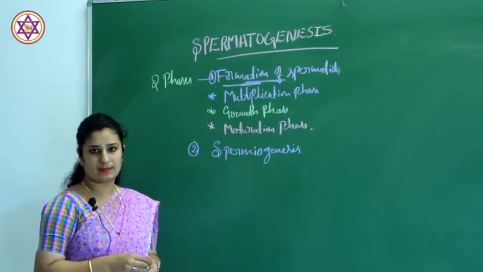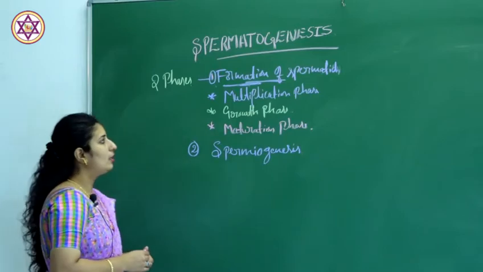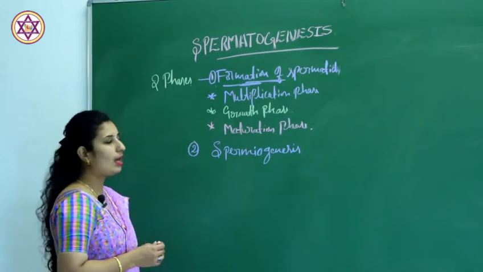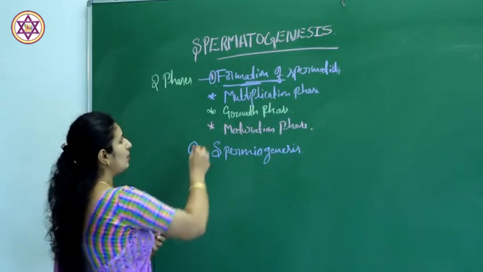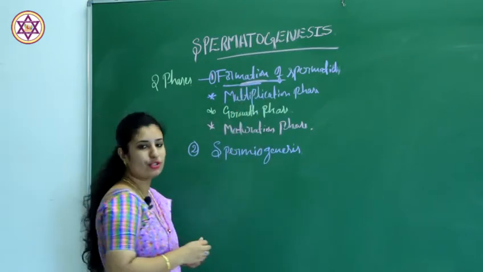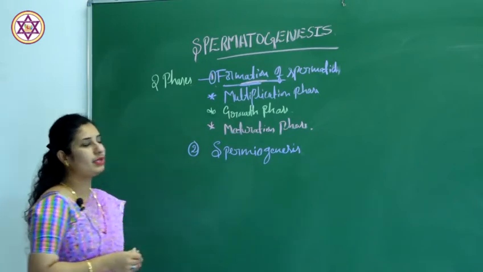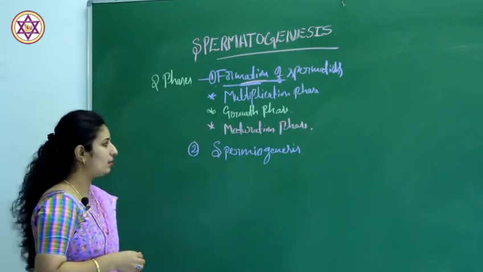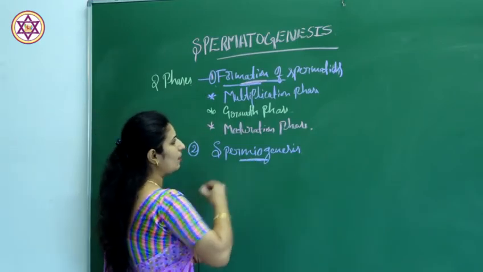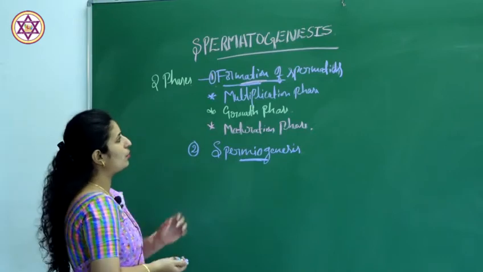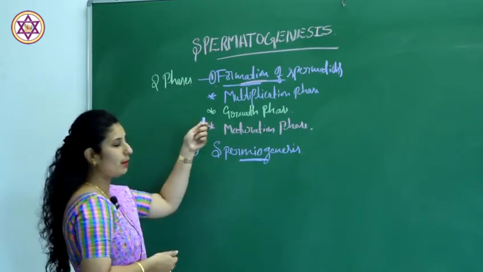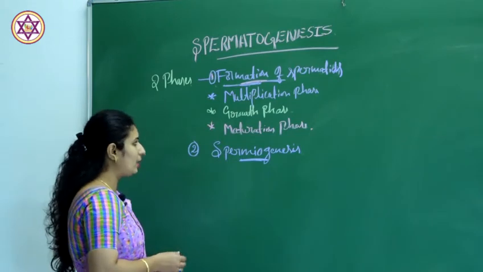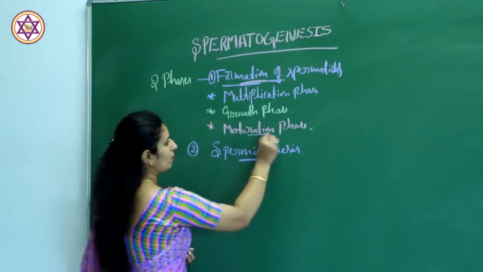As I told you before, the complete process of spermatogenesis has two important phases, in which the first one is formation of spermatids and the second is spermiogenesis. Under the formation of spermatids we have three stages: the multiplication phase, growth phase and maturation phase.